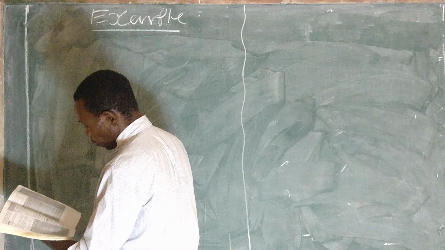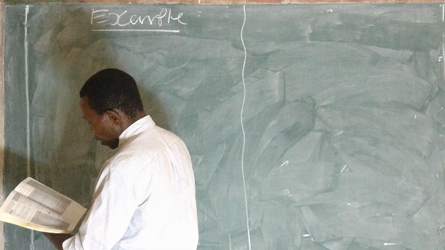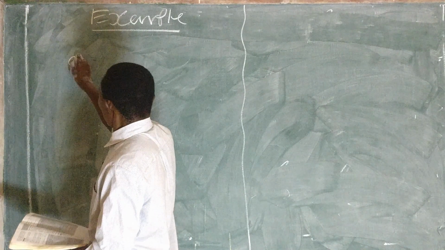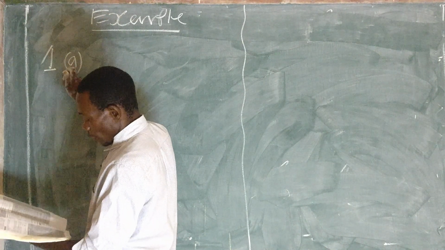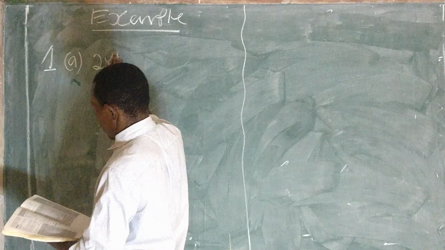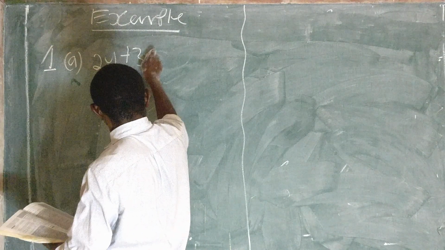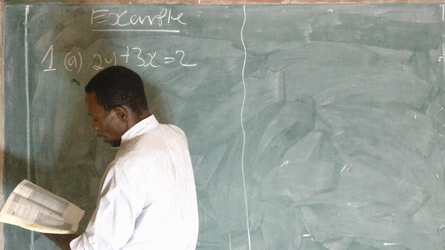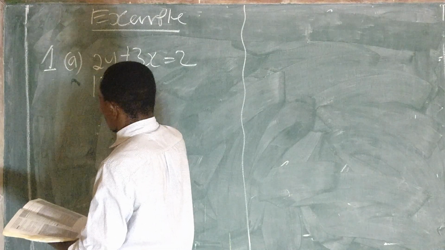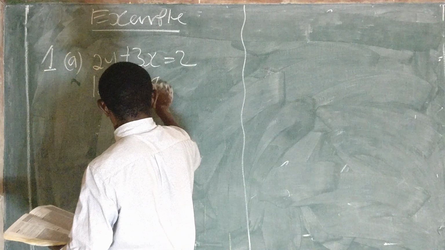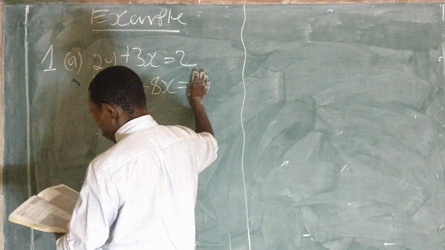Number 1, we have the first pair of equations. This is 2y plus 3x is 2, and 12y minus 8x is 24.